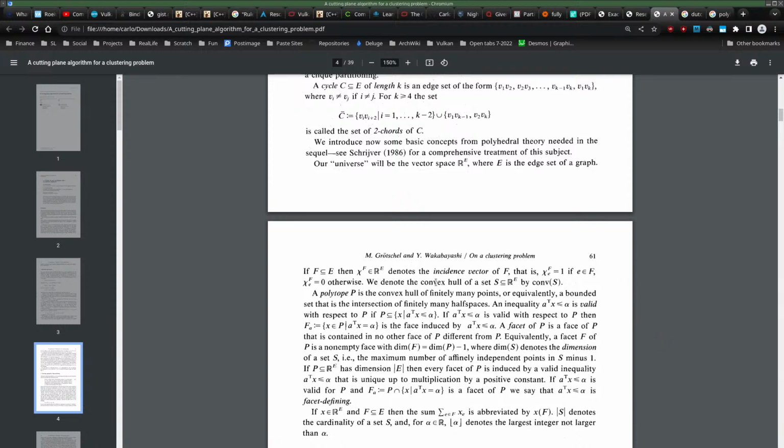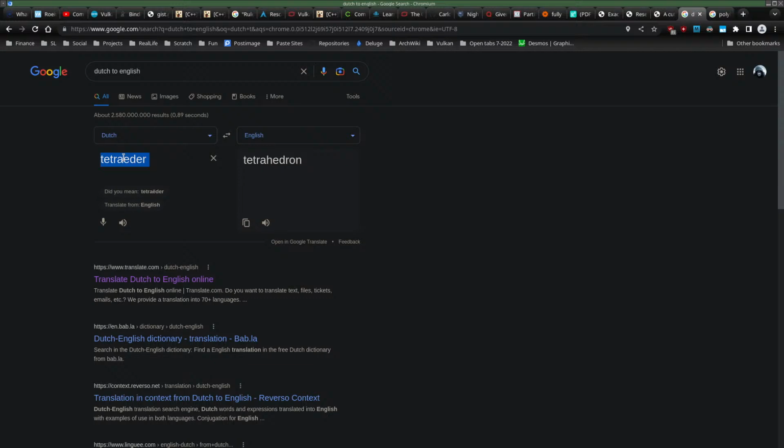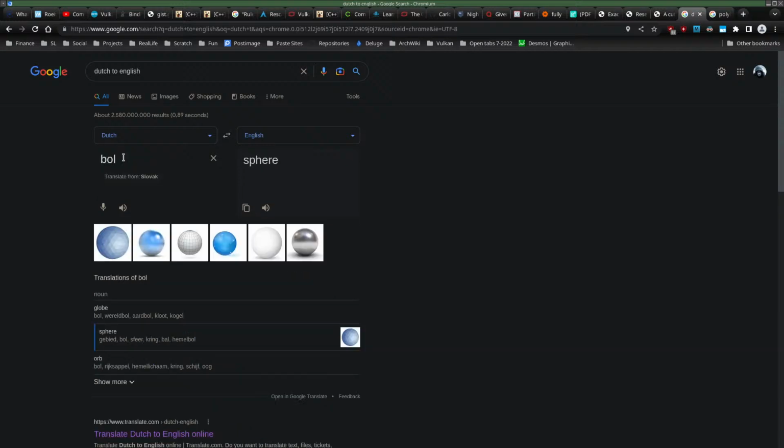Okay, well, convex hull is something that encloses stuff without having a dent. So it's always, what is it called, spherical, I guess. So this is spherical, and then the other way around is like this.